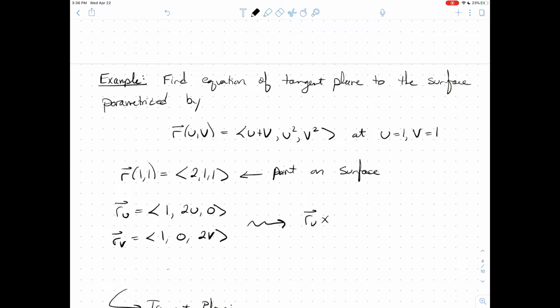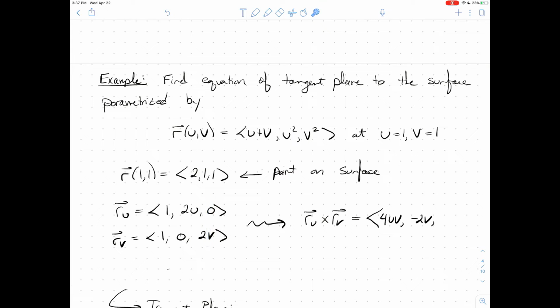Now I can compute the cross product, R_U cross R_V. And let's see, what am I going to get? I'm going to get 4UV, comma, negative 2V minus 0, so negative 2V.